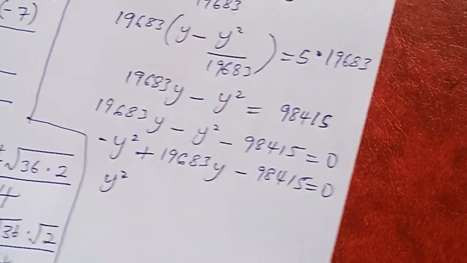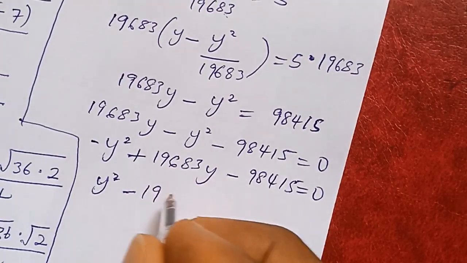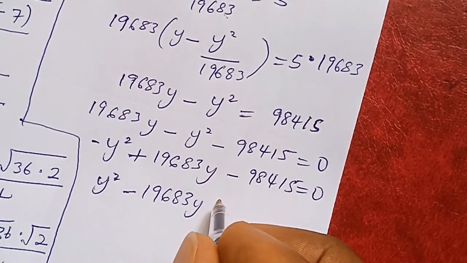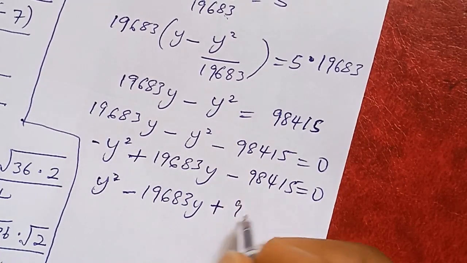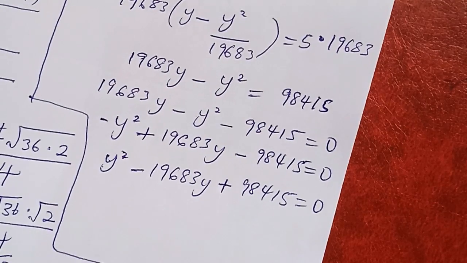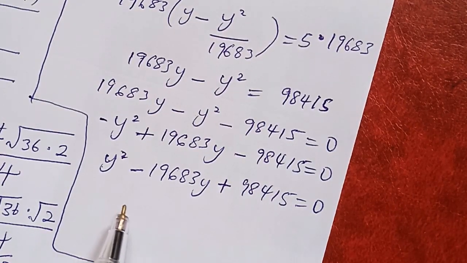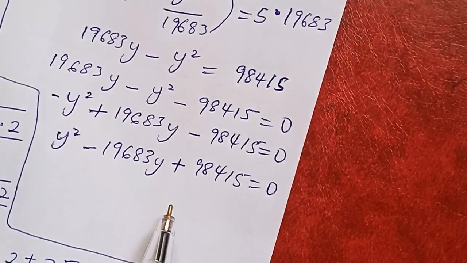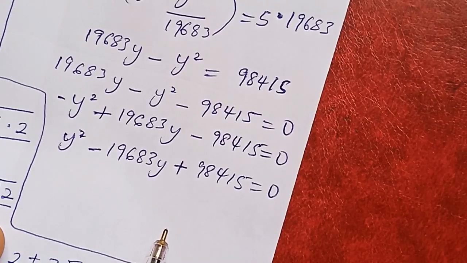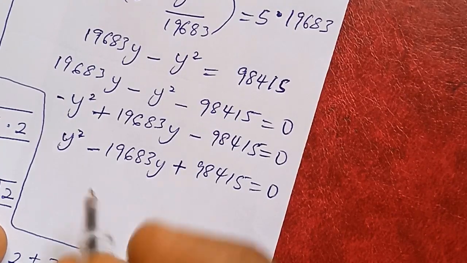y squared minus 19,683y plus 98,415 equals 0. So this led us to a quadratic equation, which will be solved with the quadratic formula.